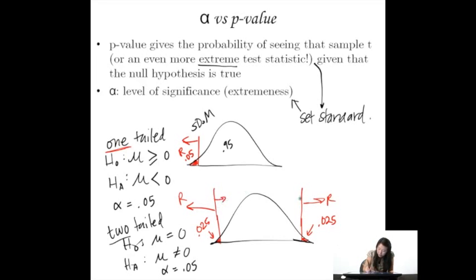But inside of these boundaries, we fail to reject, and this is 0.95, 95%. All right, so whatever p-value we find, we want to compare it to the set alpha level.